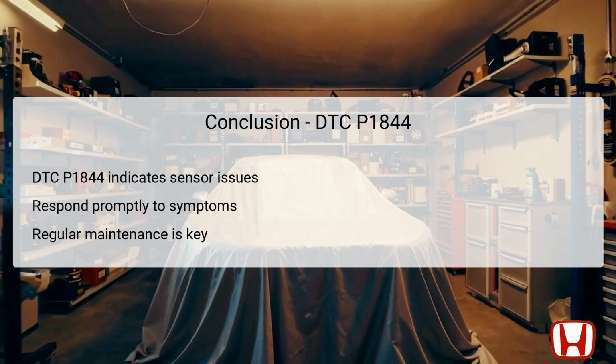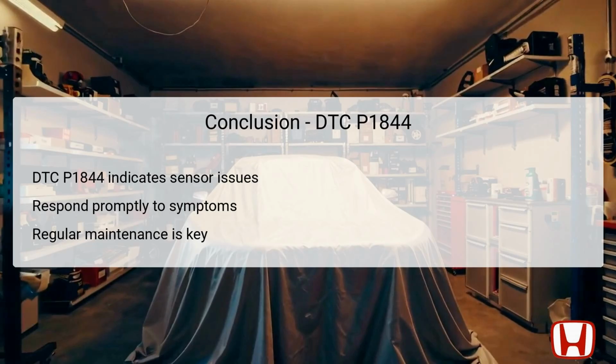DTC P1844 serves as an important alert regarding potential issues with the CVT drive pulley speed sensor and its associated circuit. Understanding the root causes, associated symptoms, and effective troubleshooting steps can help technicians resolve these issues efficiently.